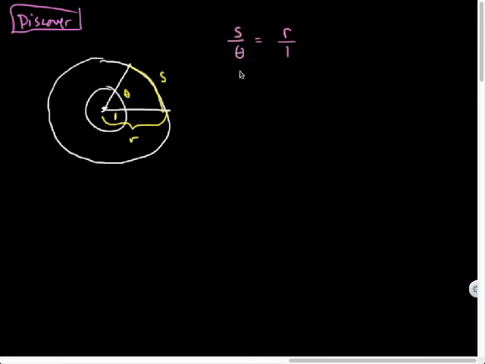And if I want to solve this equation for s, my arc length, what would I do to both sides? How do I get s by itself? Yeah, multiply both sides by theta. So those would end up canceling out, and I'd end up getting s is equal to r theta. Okay, r times theta. And this is the formula for arc length.